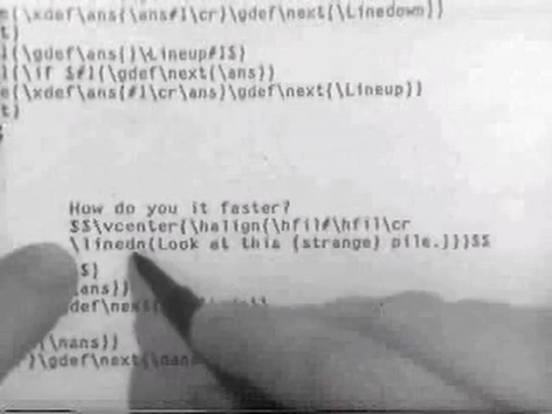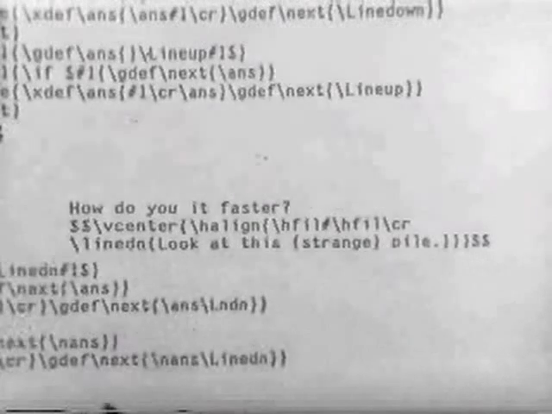Now the bottom is an alternate solution for \linedown that would have worked in order n instead of order n squared. This is exactly the same text as in the beginning, except I'm calling \linedn instead of \linedown, so that you can see the \linedn macro.